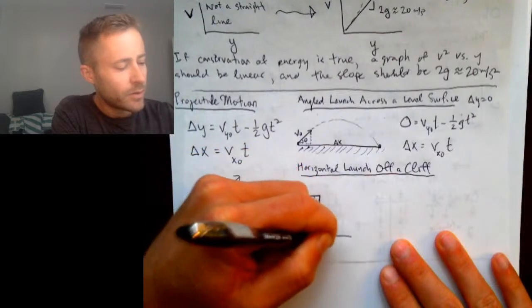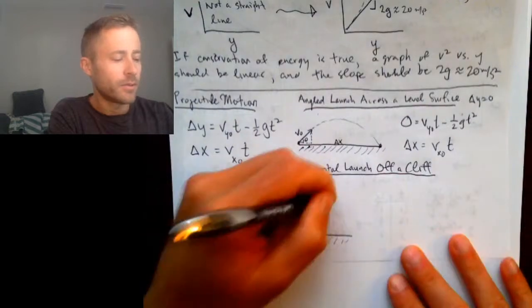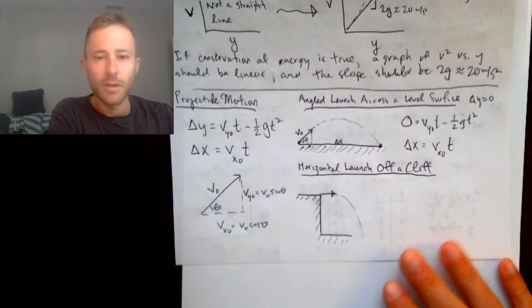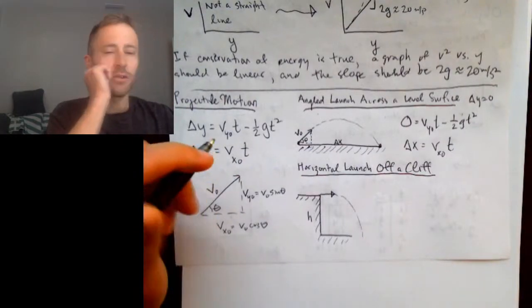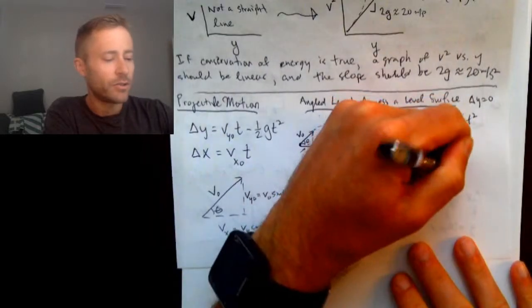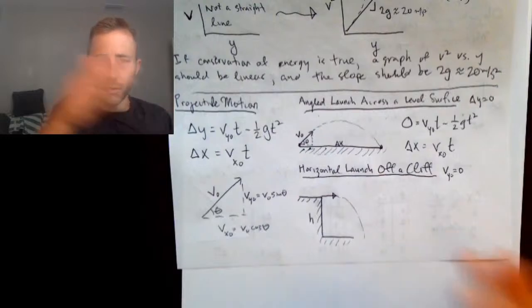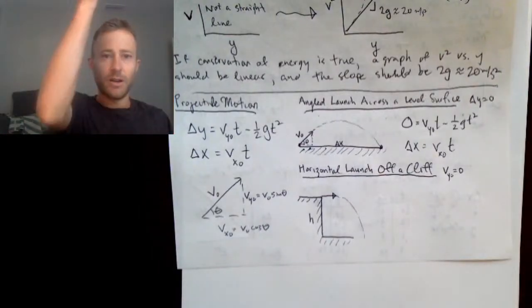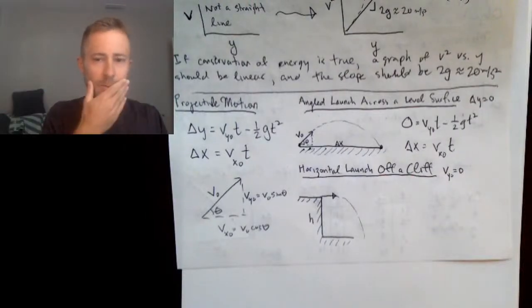The cliff has a height h. If it's a horizontal launch, then that means that the initial y velocity is 0 because you're throwing it horizontally. You're not throwing it up at an angle or down at an angle. You're throwing it perfectly horizontal.